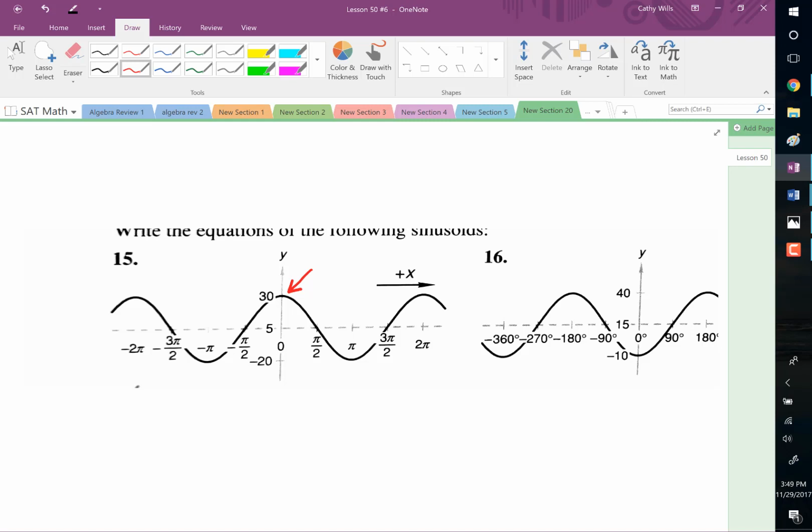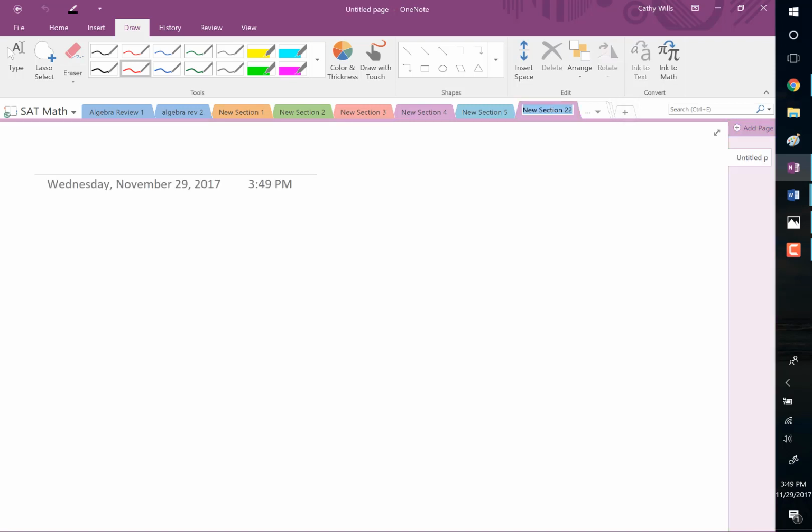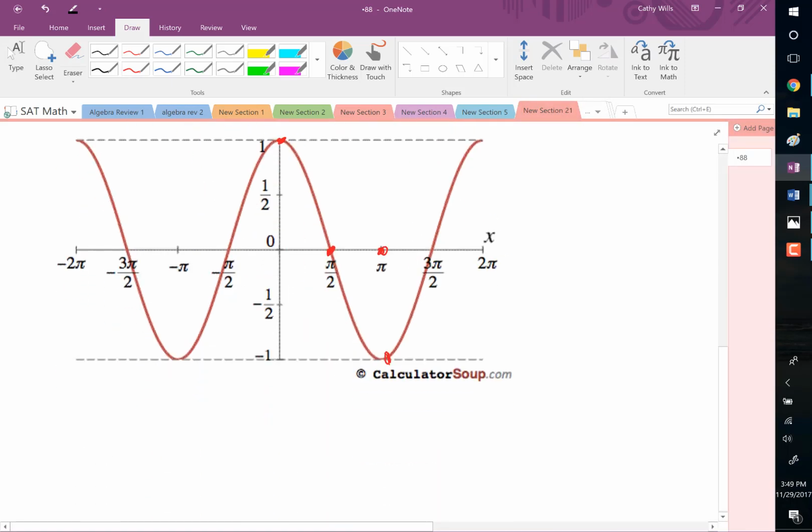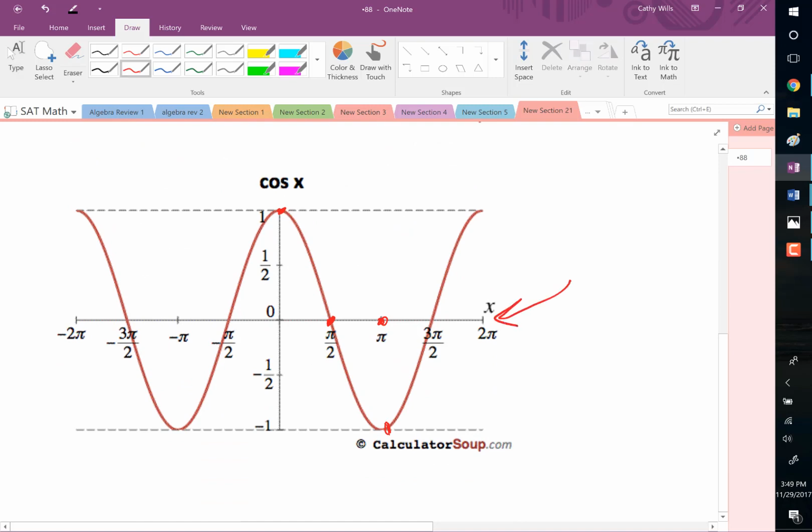All right, because usually when you're looking at a regular cosine graph, of course, this is just the x-axis. It's just 0.